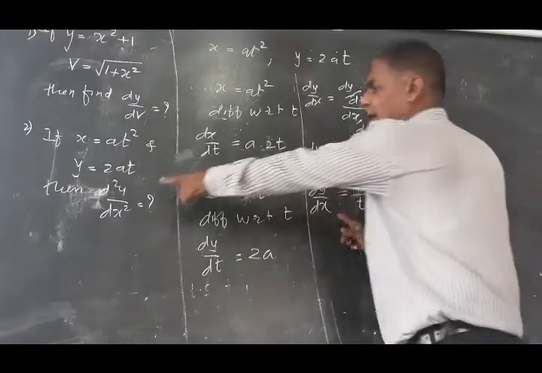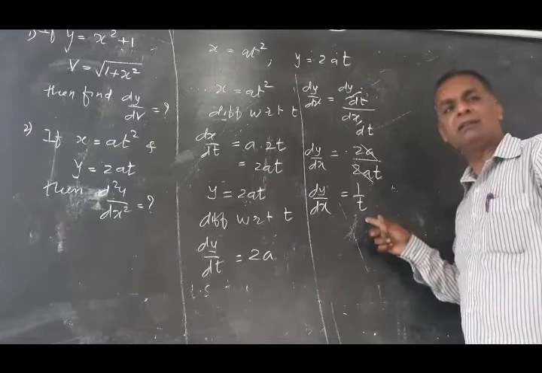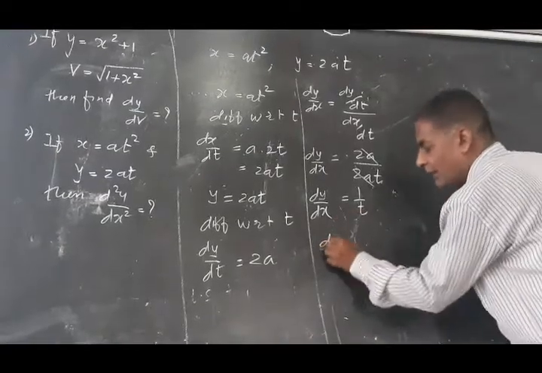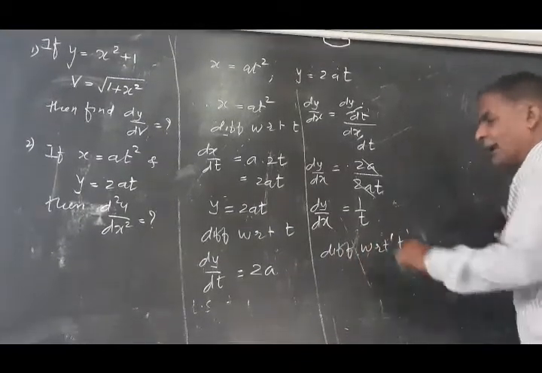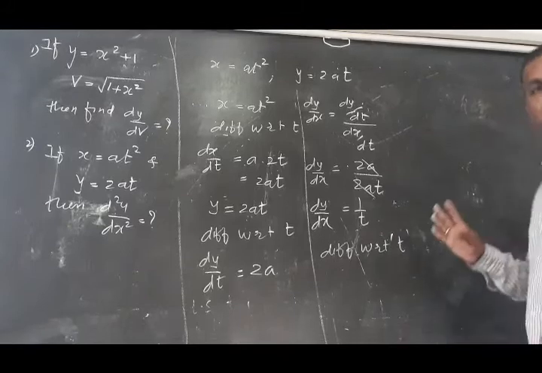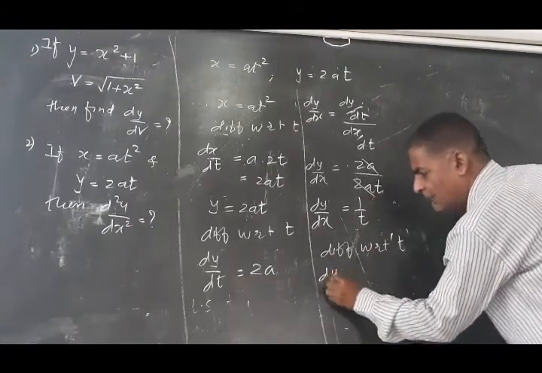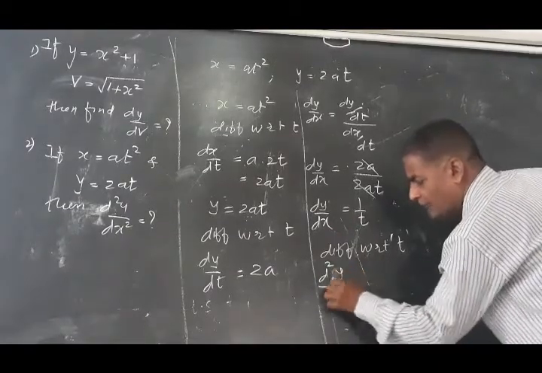Otherwise we cannot obtain the derivative with respect to x. But the parameter is t. So how to differentiate? Differentiate with respect to t. This is the differentiated part. Many students get confused about this one. Now look: the derivative of dy by dx is equal to d square y upon dx square.